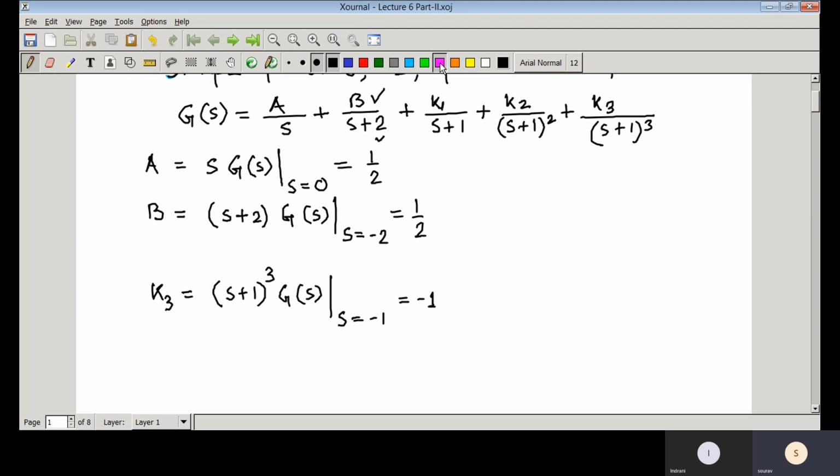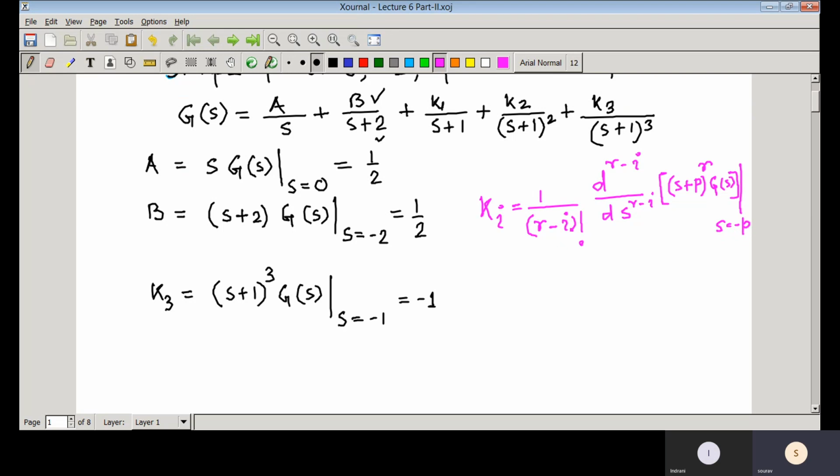So here I can write that formula, that is Ki equal to 1 by (r minus i) factorial, d to the power r minus i by ds to the power r minus i, of (s plus p) whole to the power r G(s), and you find it at s equal to minus p.